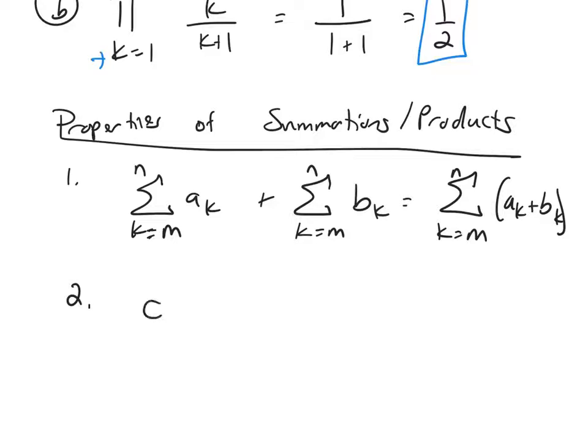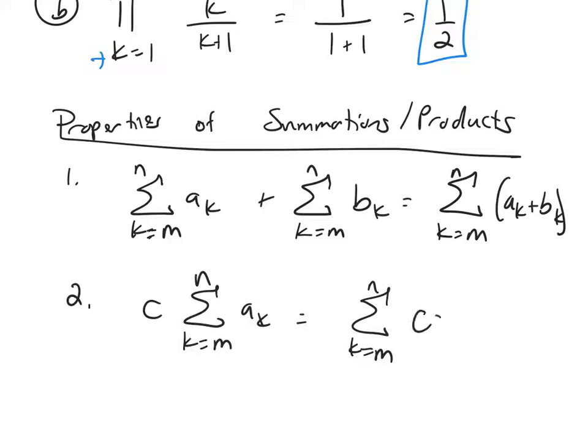If you have a constant times a summation, you can essentially distribute that constant, that coefficient, out to all of the terms in the summation.